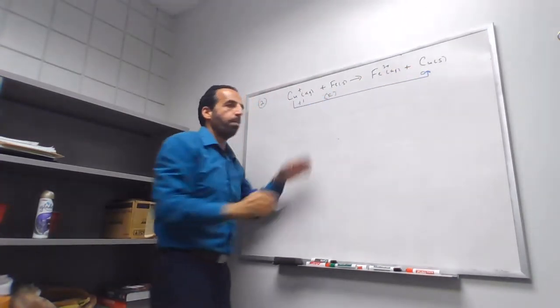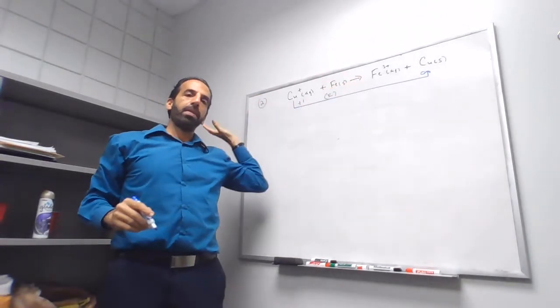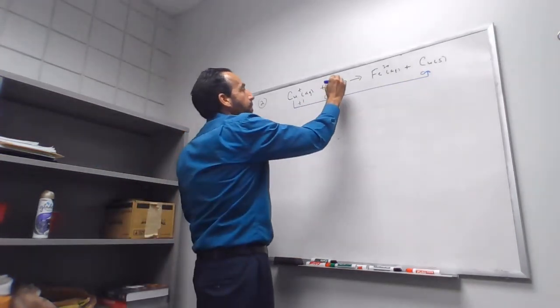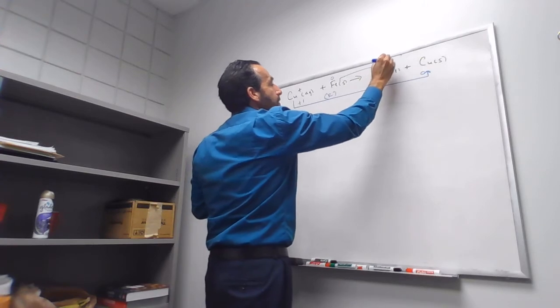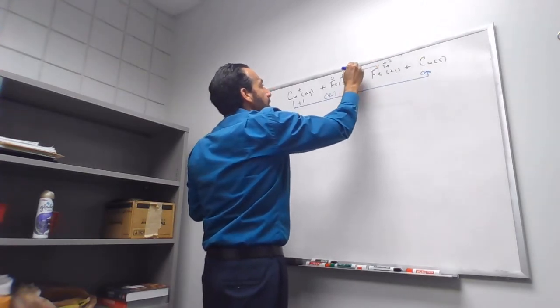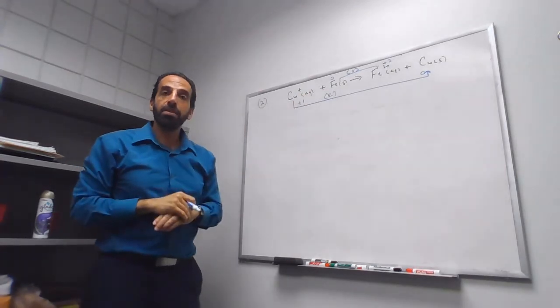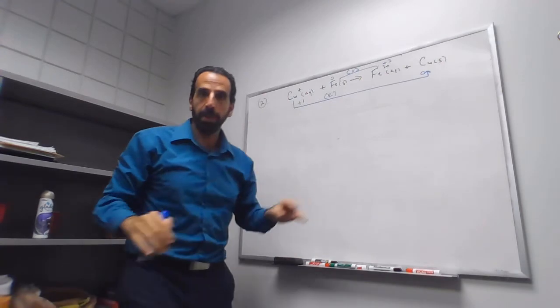If you remember, if I go from left to right in terms of numbers, that's oxidation; right to left, that's reduction. And I go from Fe solid, which is 0, to positive 3, so that's oxidation. So one gets oxidized, the other one has to be reduced.